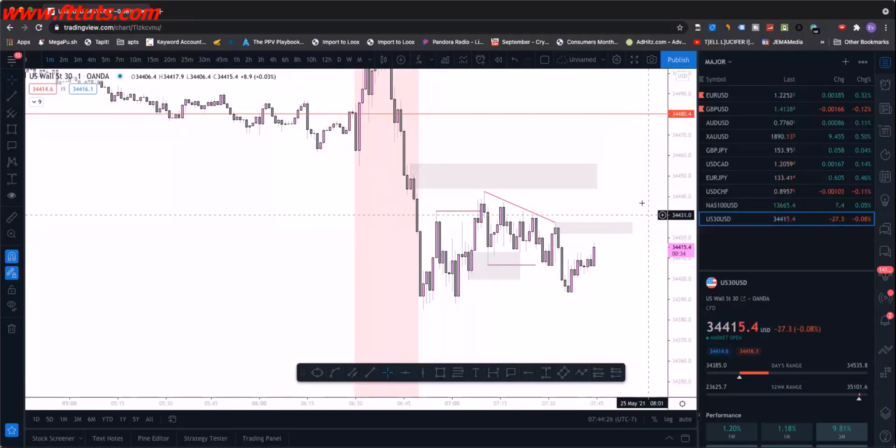Okay, almost at our entry point. Now this is a low probability entry because of all this liquidity, but I'm just taking it.